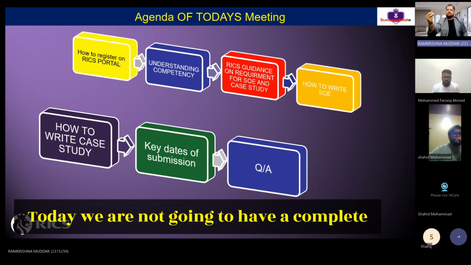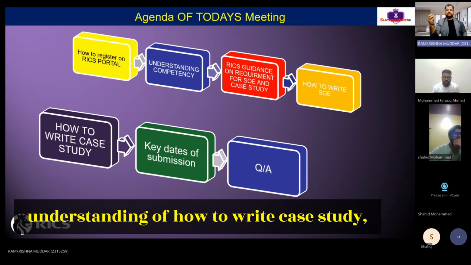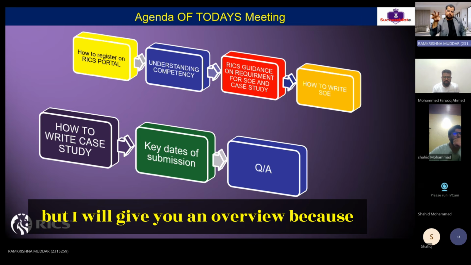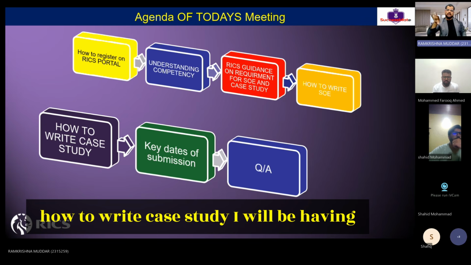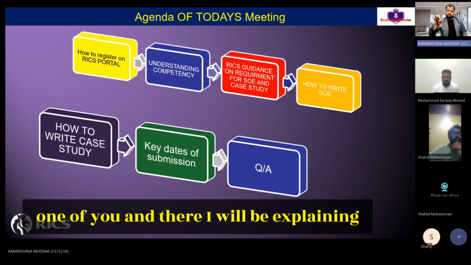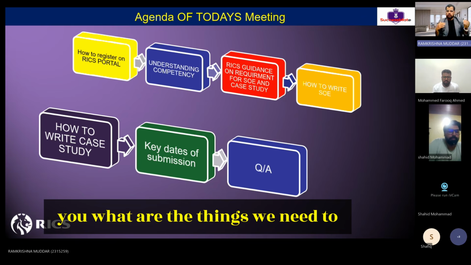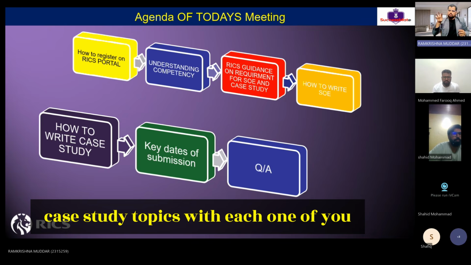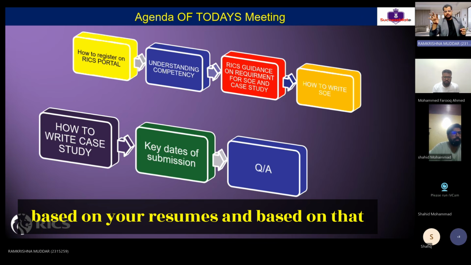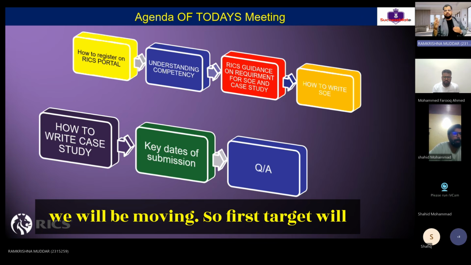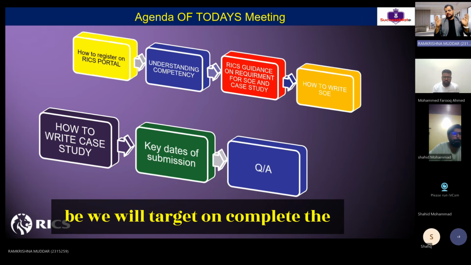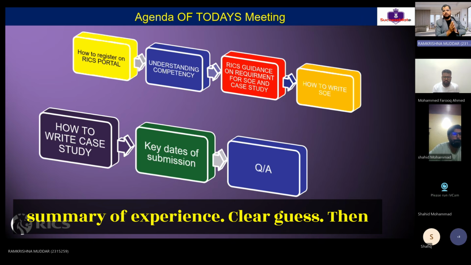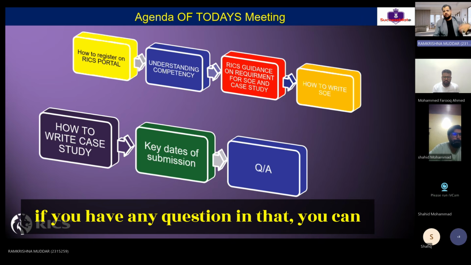Today we are not going to have a complete understanding of how to write a case study, but I will give you an overview, because I will be having a separate one-on-one session with each one of you, where I will explain what things we need to consider, because we need to finalize case study topics with each one of you based on your resumes, and based on that we will move. So the first target will be to complete the summary of experience. Clear, guys? If you have any questions on that, you can ask me.